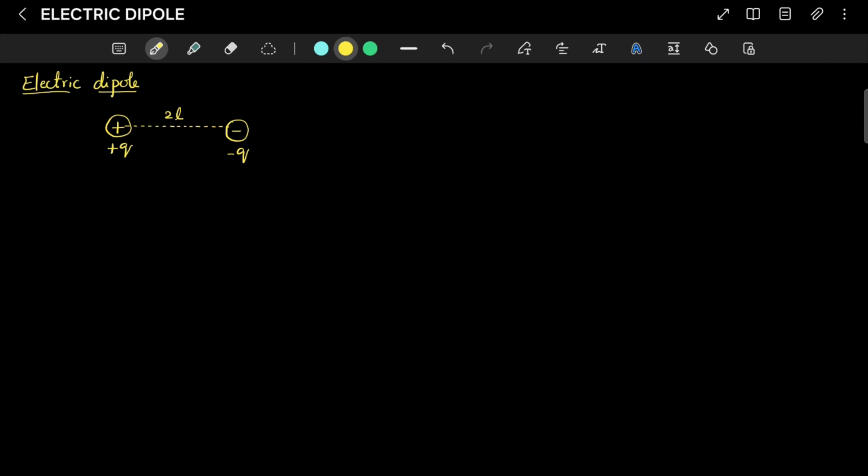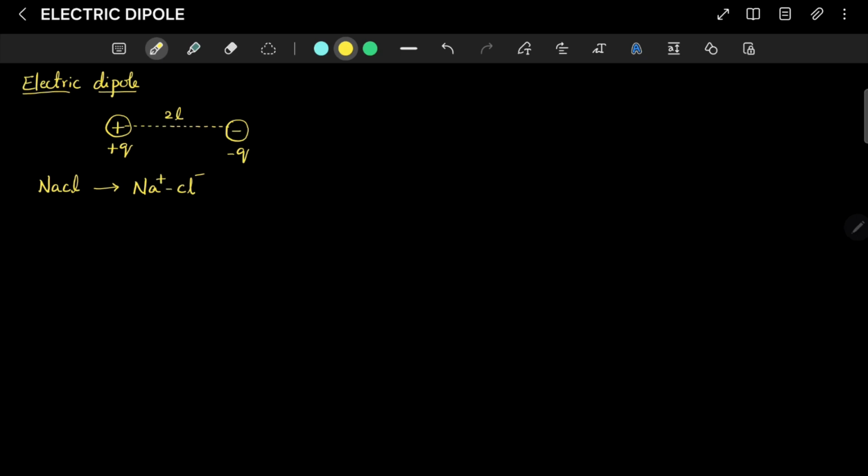So where do we find these electric dipoles in our day-to-day life? For example, you might know NaCl. If you take an NaCl molecule, it is a sodium positive ion and a Cl minus ion. Both are separated by a very small distance.